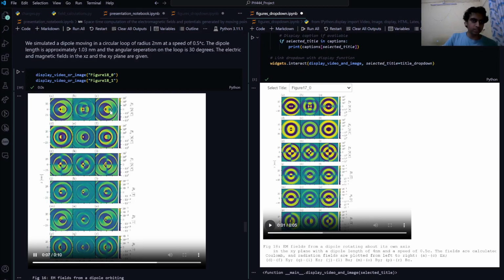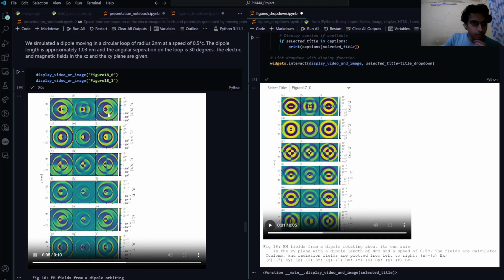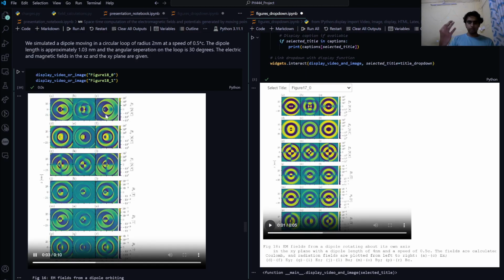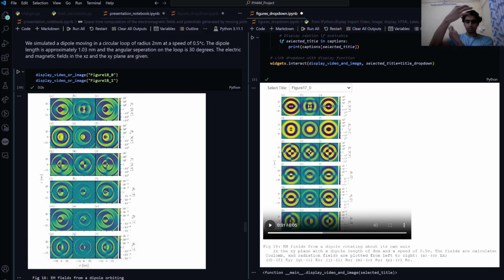This can be understood quite simply because if you imagine the dipole as it's approaching the right end of the circle, right? So you have a plus charge here and a minus charge here, and they're moving in this direction.